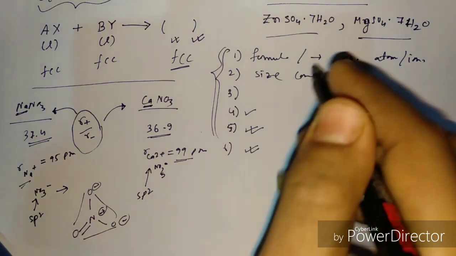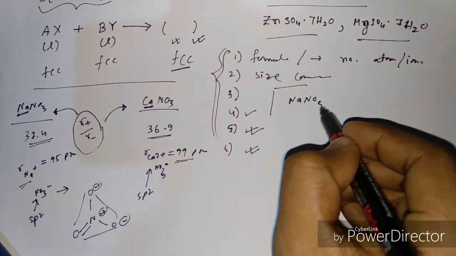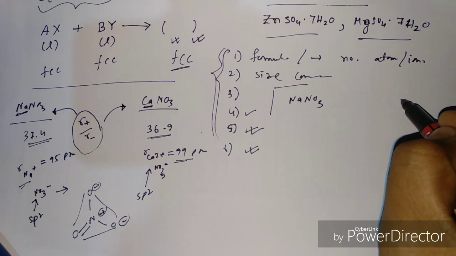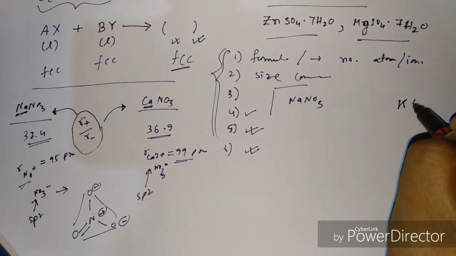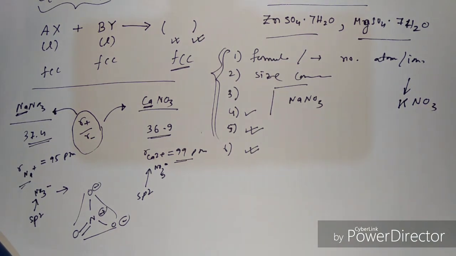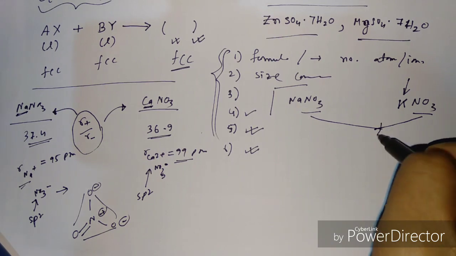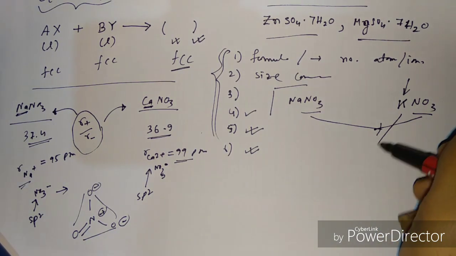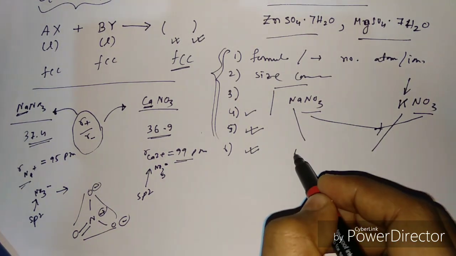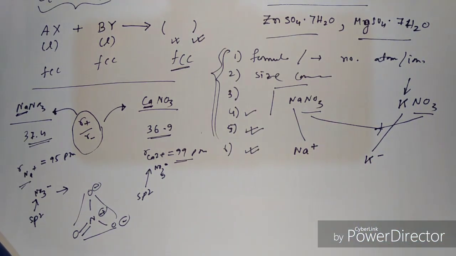Okay. Next, coming to another example, that is NaNO3, and we are changing calcium to KNO3. Just changing the calcium ion to K. Okay. So here NO3 minus is common. So we have no issue with the anion; we have an issue only with the cation, right?